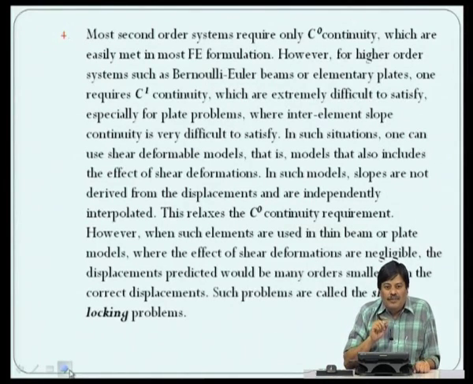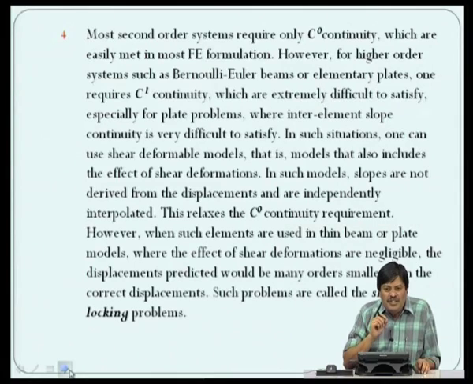However, for higher order systems such as the Bernoulli-Euler beam, the elementary beam, or the plates, where the slopes are derived from displacement, theta is dw by dx, we need to see that both w and dw by dx are continuous across the element, which is extremely difficult to satisfy in the inter-element boundary.